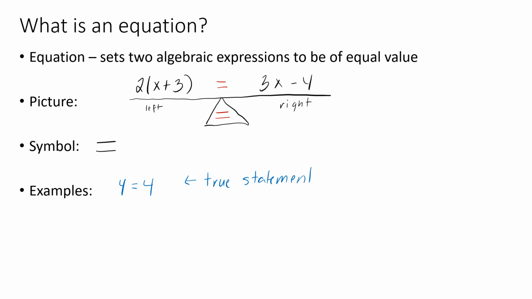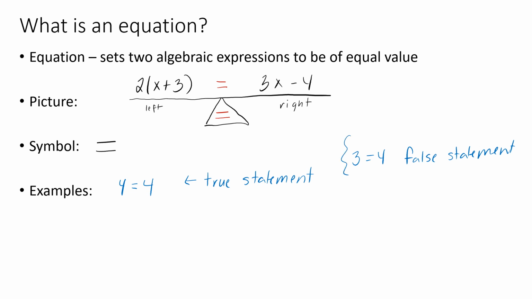And that's going to hinge into our definition of a solution. So 4 equals 4, 3 equals 3, 1/2 equals 1/2. Those are all examples of true statements, as opposed to something like 3 equals 4, which is known as a false statement. 3 does not equal 4. Okay, so important distinction there.